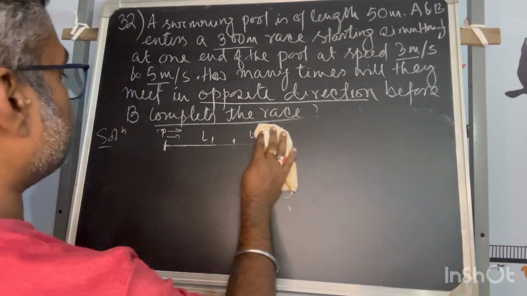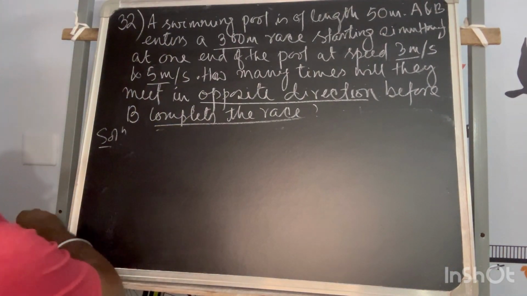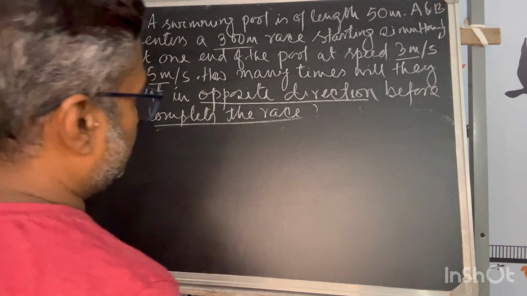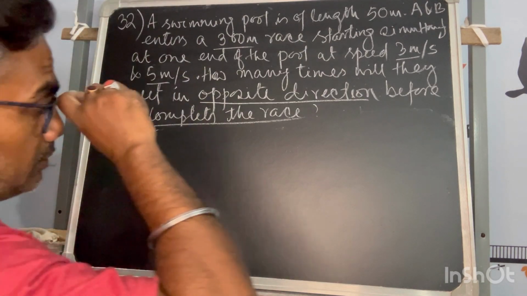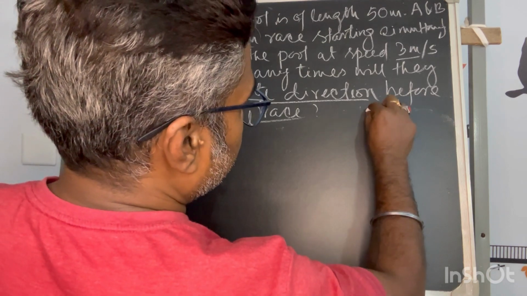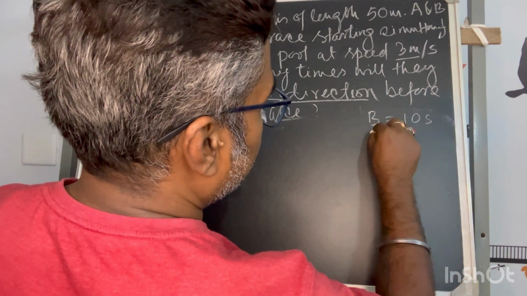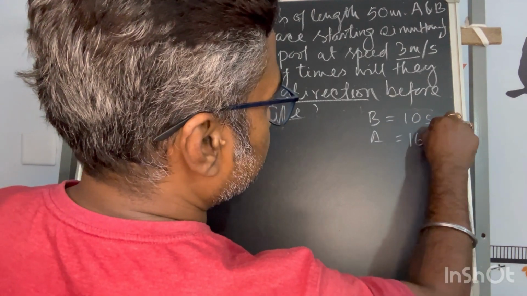If the earlier one is very tough for you to understand, try to understand this way. Also you can say that lap time for B is 10 seconds, A is equal to 16.67.